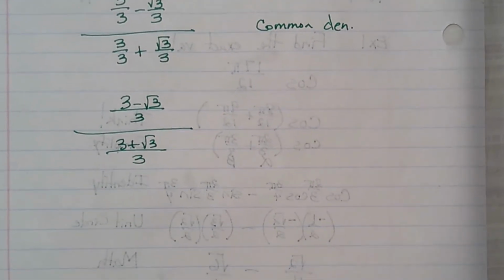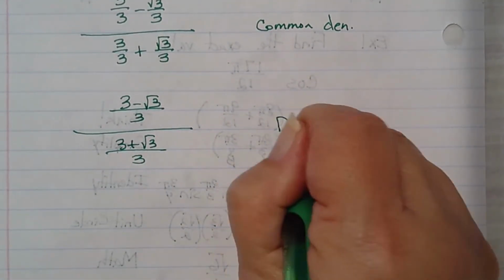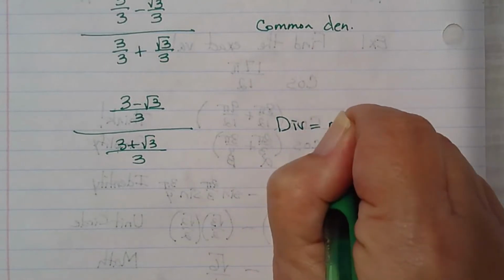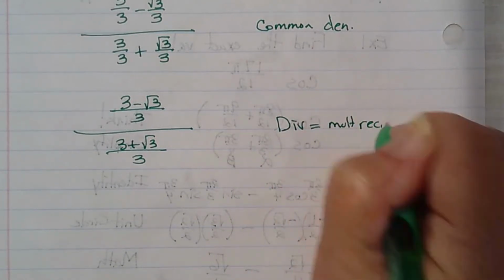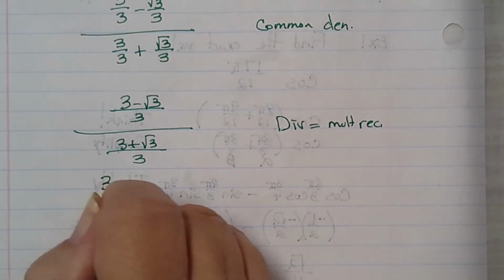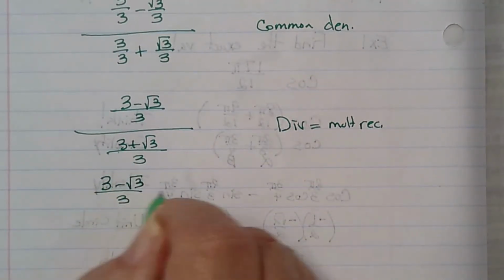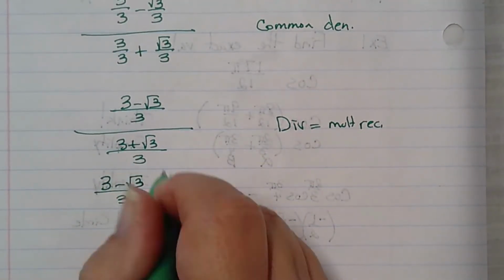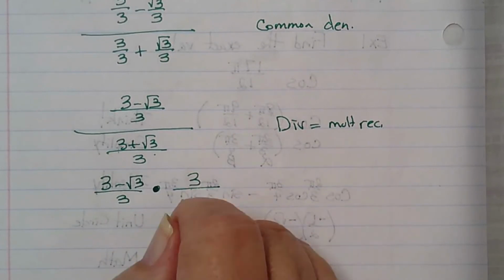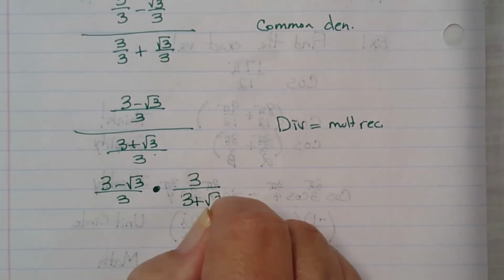And now I'm going to use the fact that division means to multiply by the reciprocal. So that's going to be 3 minus the square root of 3 over 3 times the reciprocal of that denominator, 3 over 3 plus the square root of 3.